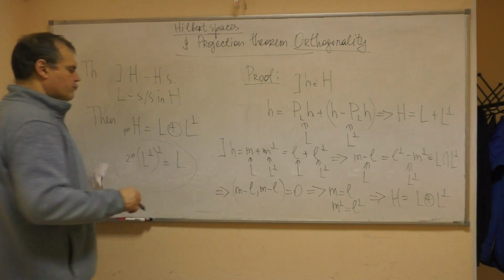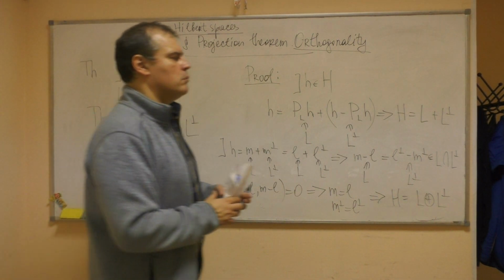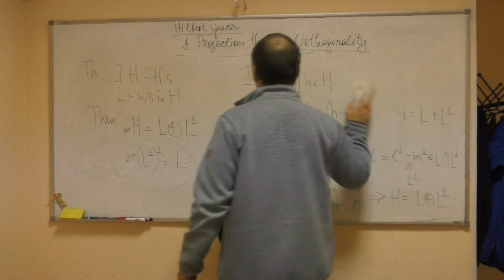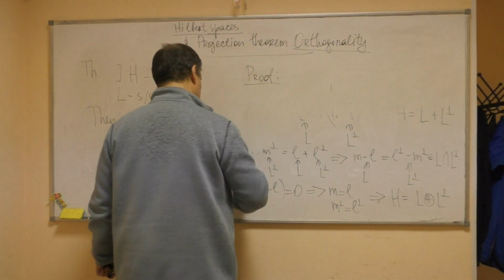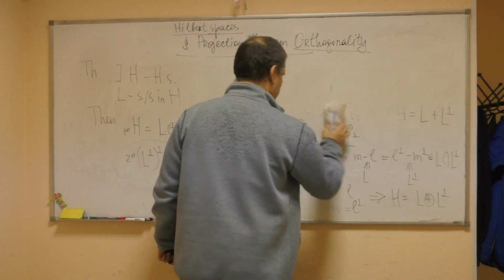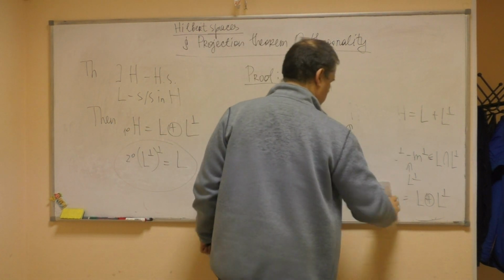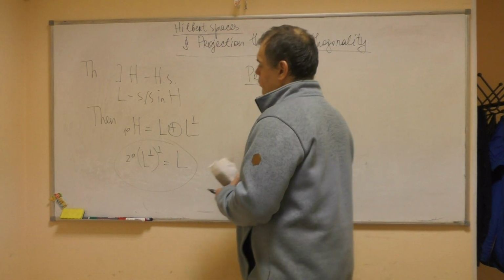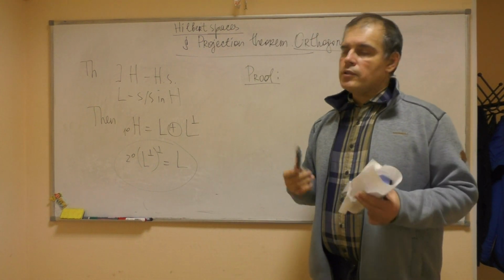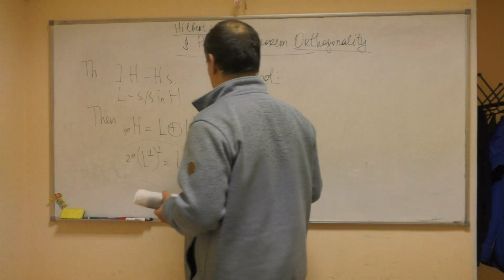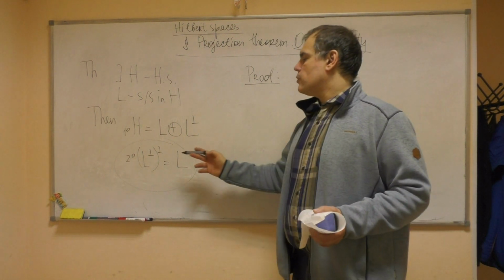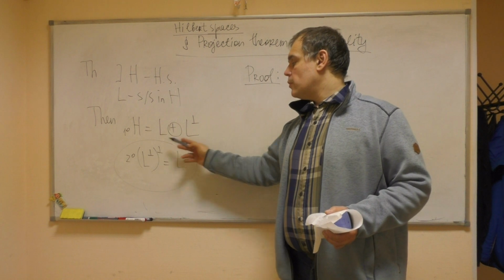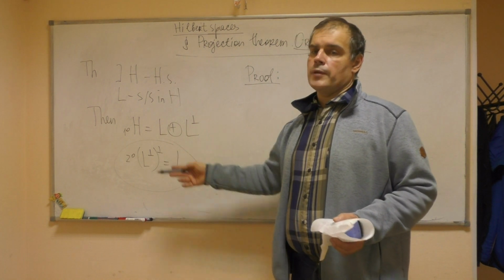Let's prove that the second orthogonal complement is equal to L. If we need to prove that two sets coincide, it can usually be done by proving that one set belongs to the other and vice versa.